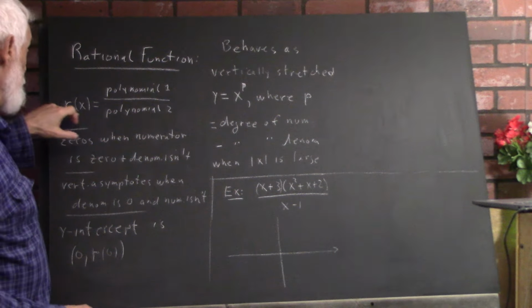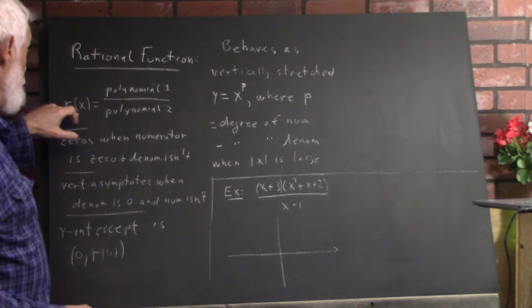Now let's do another example. Let's do x minus 2 over x squared plus 5x minus 6 times x plus 3.